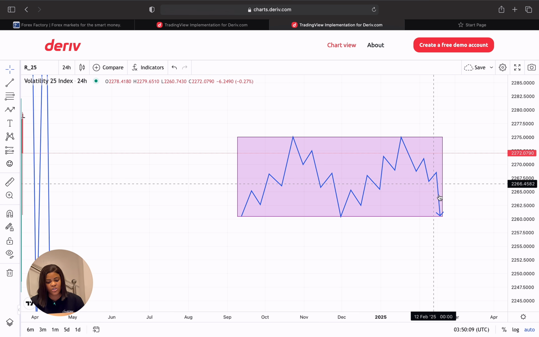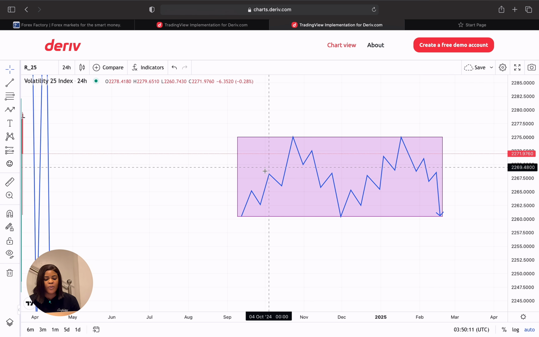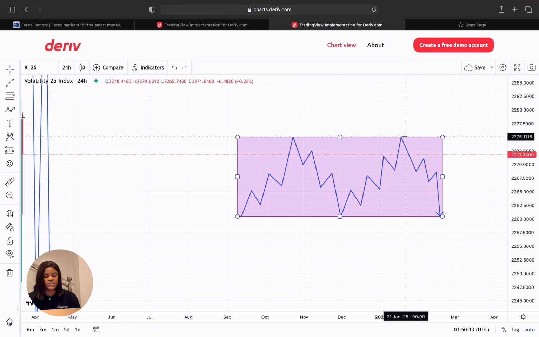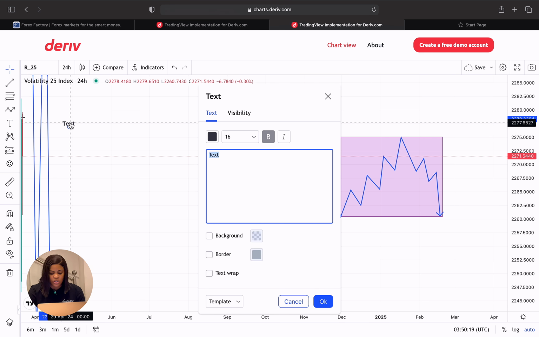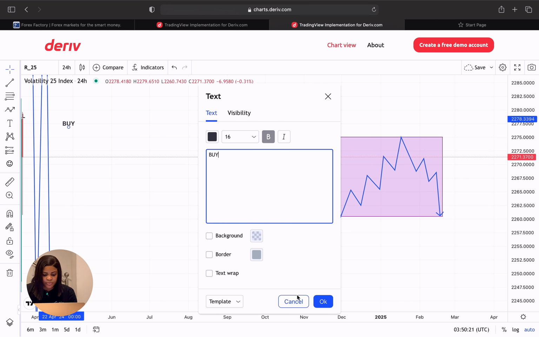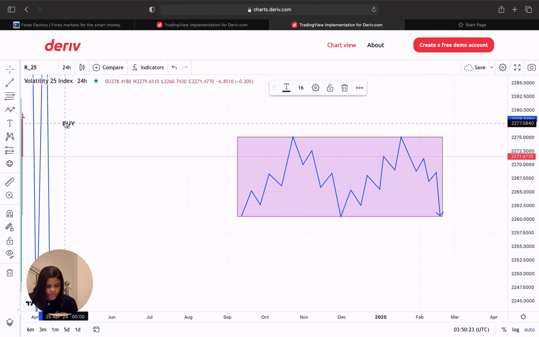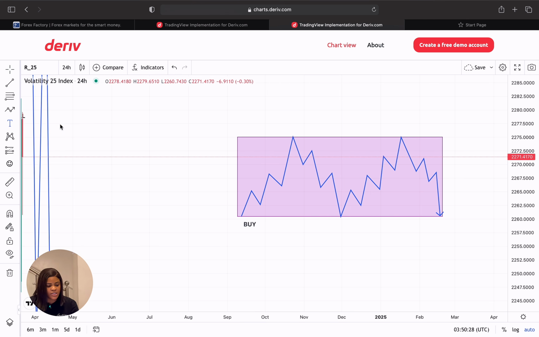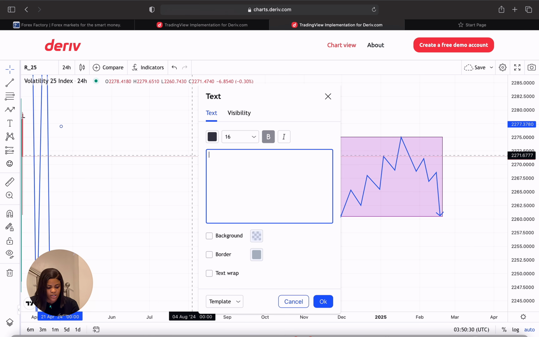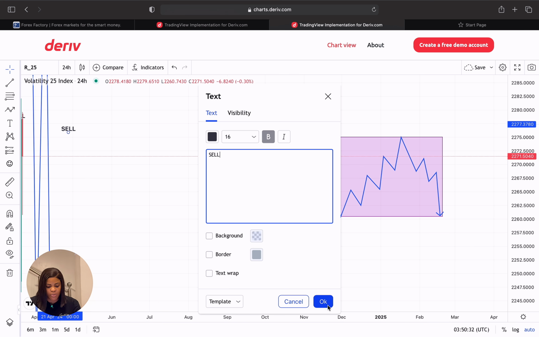Whenever the market gets here, it starts coming down. So in that note, you look for buying and selling opportunities. Where do you look for buy opportunities? You look for buy opportunities below, and you look for sell opportunities above.